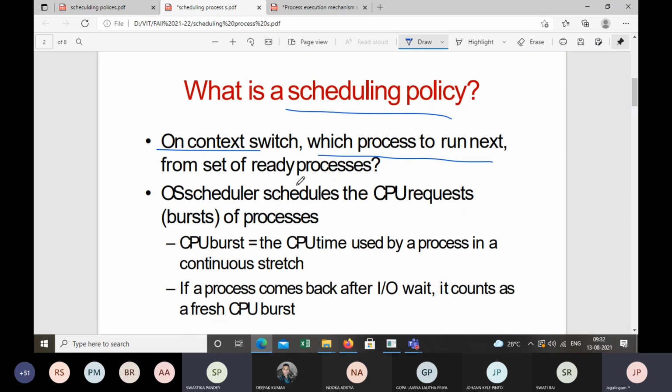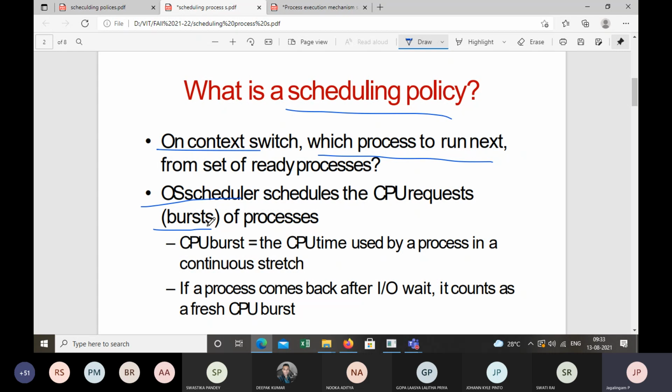Now look at the second bullet point. What does a real operating system scheduler do? It schedules the CPU requests, the CPU bursts.